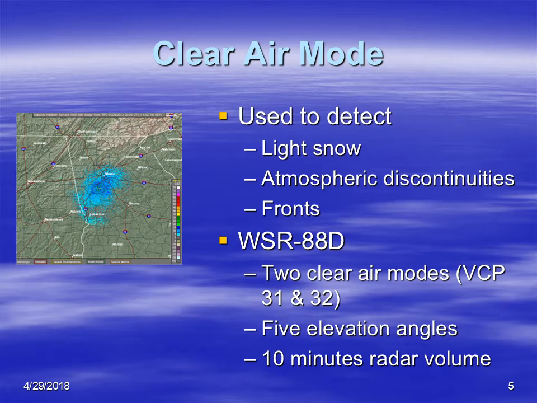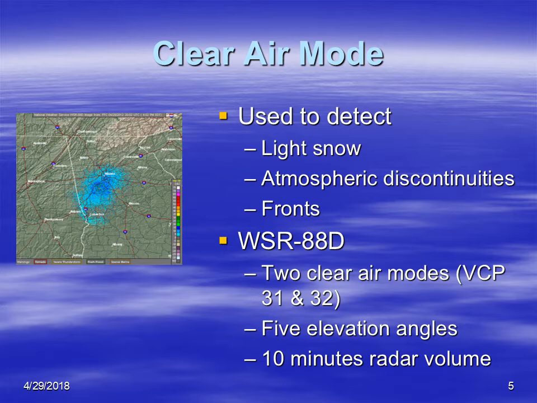Fronts are regions where you have two air masses that have different temperatures as a result of different densities, and that shows up really well as gust fronts. Typically with gust fronts, though, you're already operating in precipitation mode.